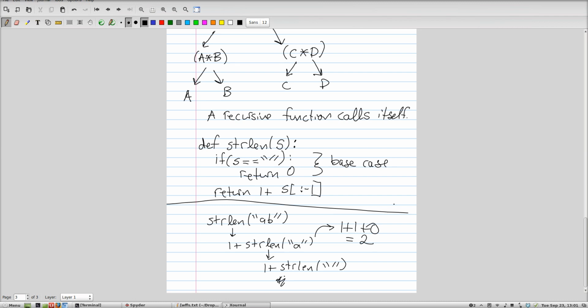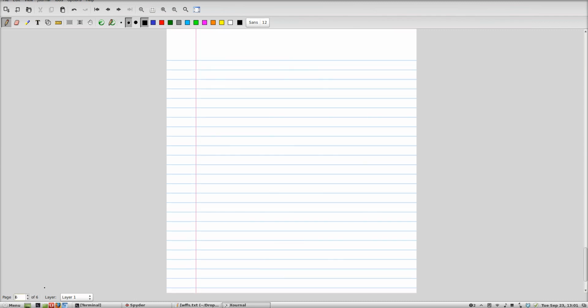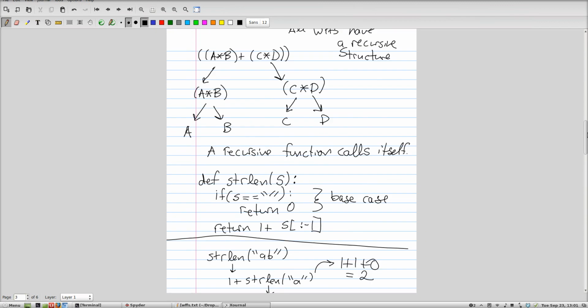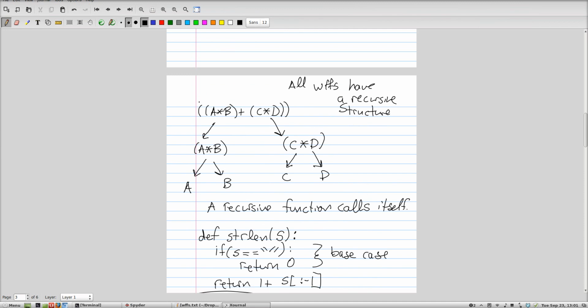Okay, so that's just an example of how a recursive function works, and this function that you're trying to write, it's basically, first you have to take the string that you're given and try to recognize it, if possible, as one of the 3 possible combinations of other well-formed formulas, and then call itself.